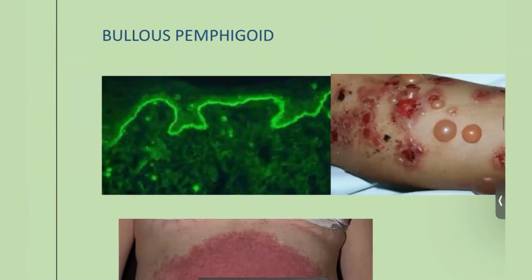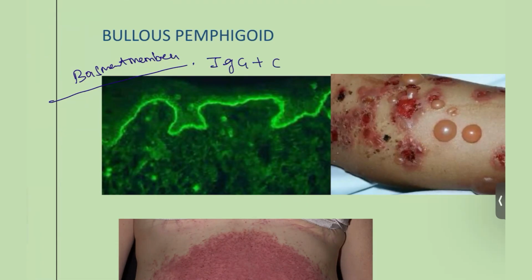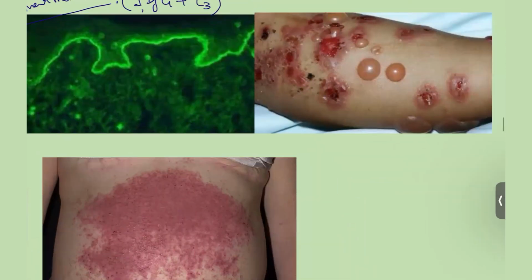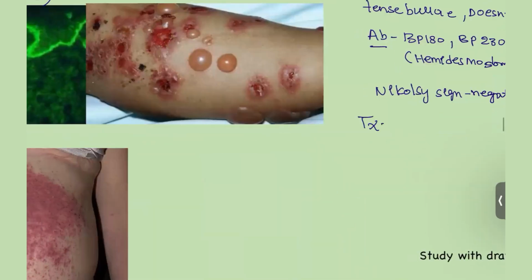On the immunofluorescence, this is the basement membrane, where you see this pattern. IgG plus C3 is seen in the immunofluorescence of this patient. And the treatment again is steroids only.